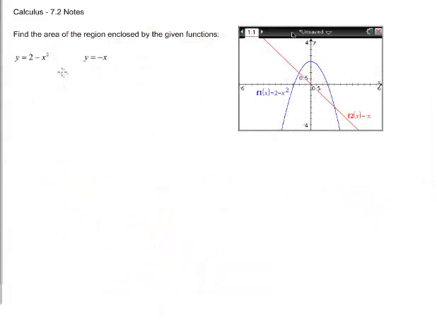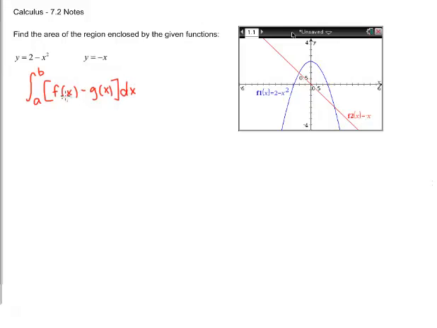Alright, on this question then we're going to find the area of the region enclosed by the two functions. And a little bit different from the previous problem is we aren't told an interval to integrate from. So we know that when we integrate, we want to go from start to stop, and then we want to do the upper function, f of x minus g of x.